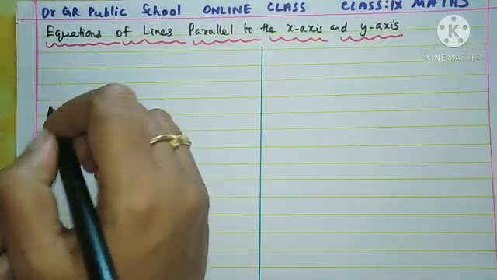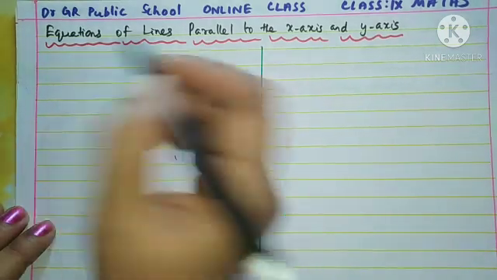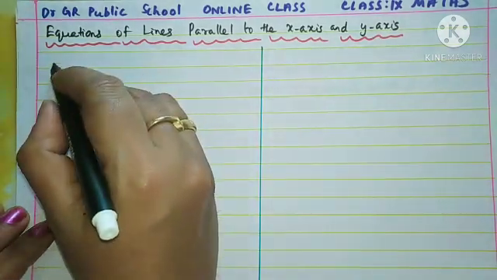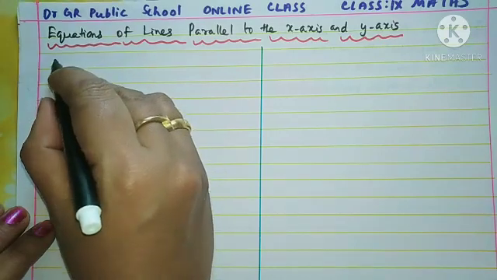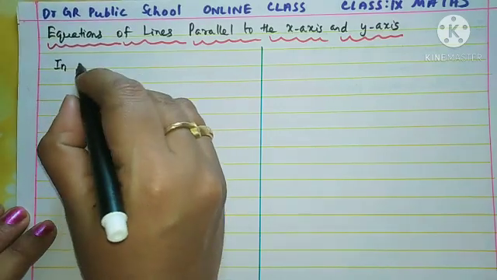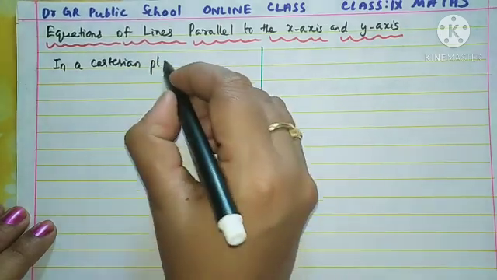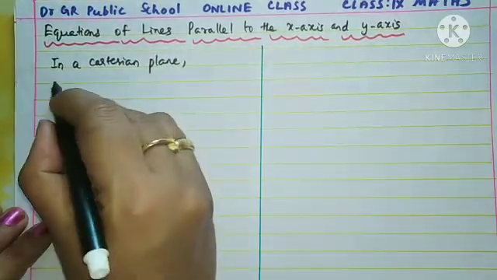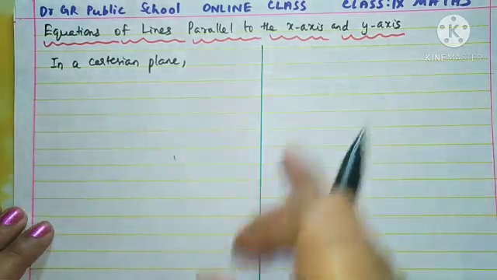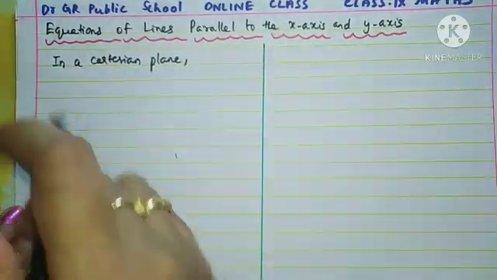Before that, let us discuss somewhat the things we have learned. You want to copy this in your notes. In a Cartesian plane, so far we discussed all these matters. If you are taking a Cartesian plane, it means the quadrants in the axis.